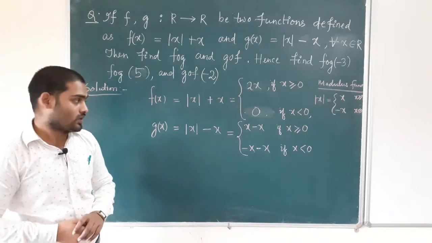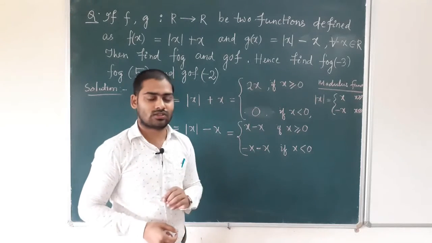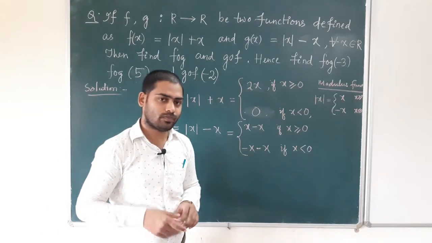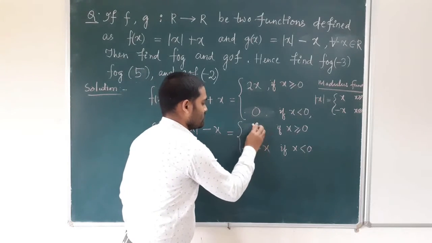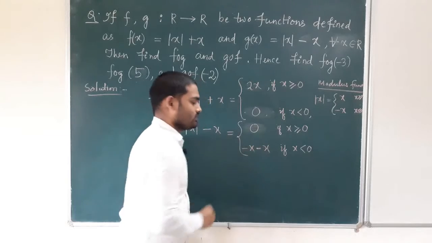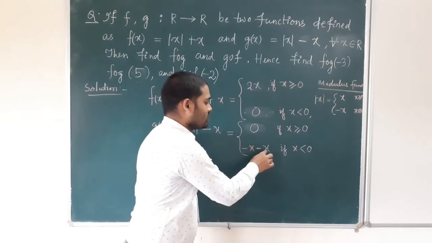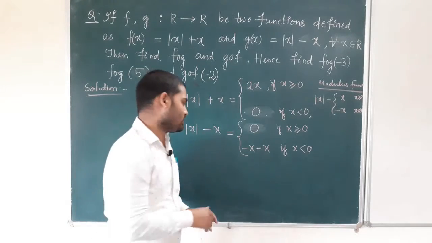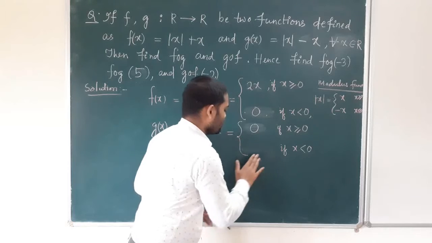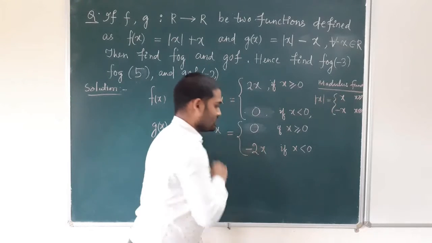Now x minus x is equal to 0, so you can write here 0. Now minus x minus x is equal to minus 2x, so here you can write minus 2x.